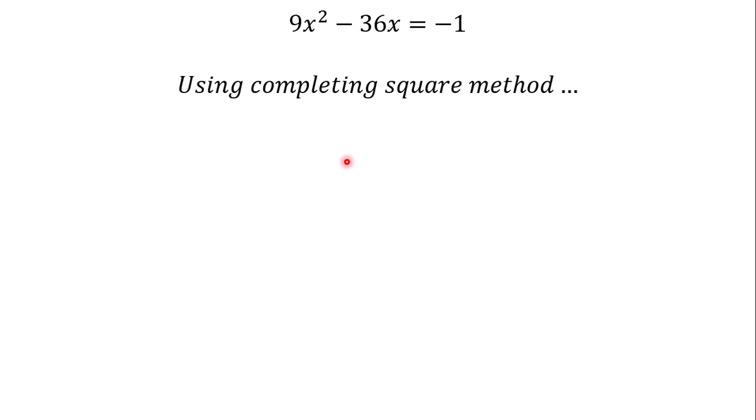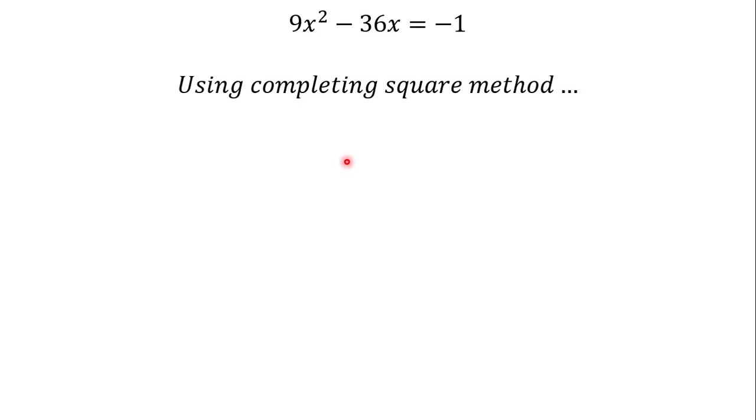Unity means 1. So if it is more than 1, you are to reduce it to 1. Then how will you reduce it? You reduce it by dividing by the number that is attached to the x squared.